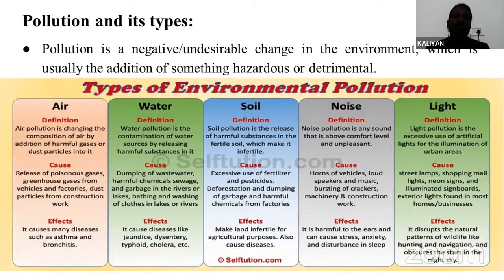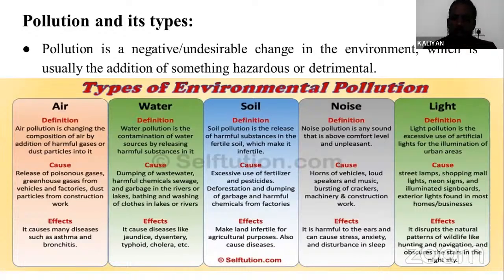Water pollution is the contamination of water sources by the release of harmful substances. The causes are dumping wastewater, harmful chemicals, sewage, and garbage in rivers or lakes, and bathing and washing clothes in the lakes and rivers. The effects are jaundice, dysentery, typhoid, and cholera.